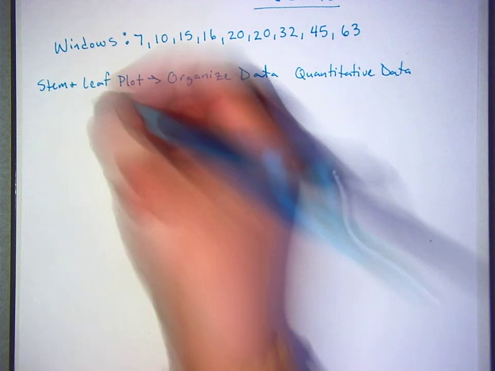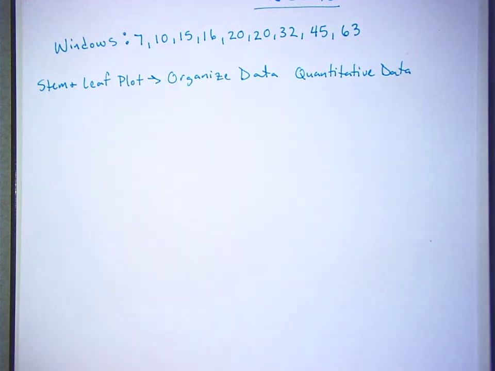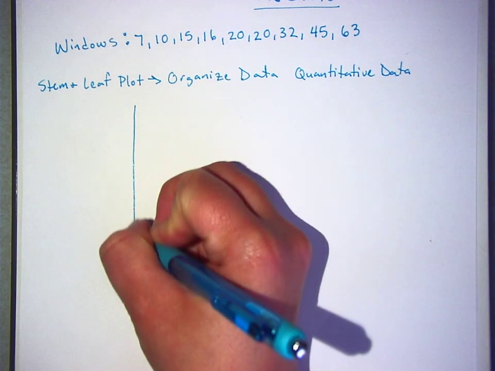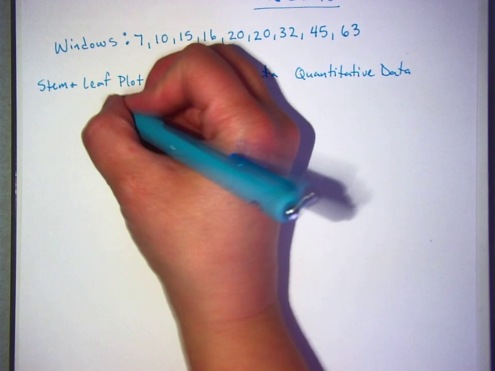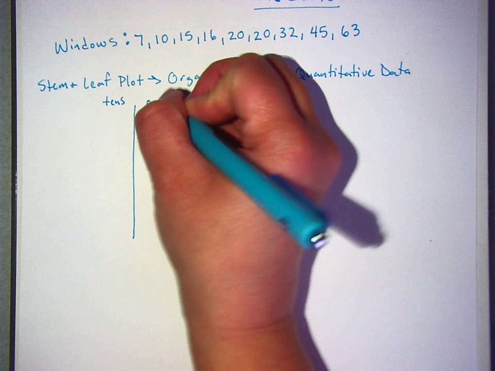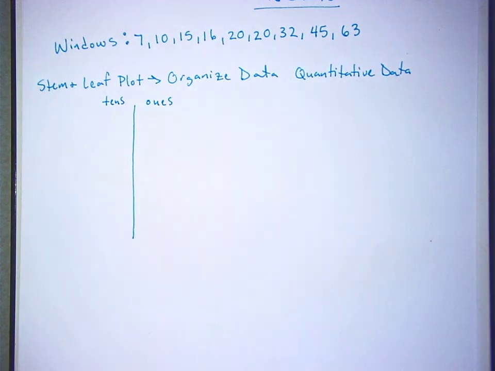And it looks like this. So you have a line like this, and on one side, usually we put the tens on the left and the ones on the right.